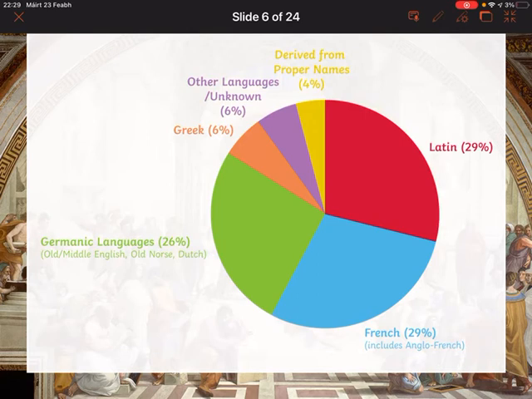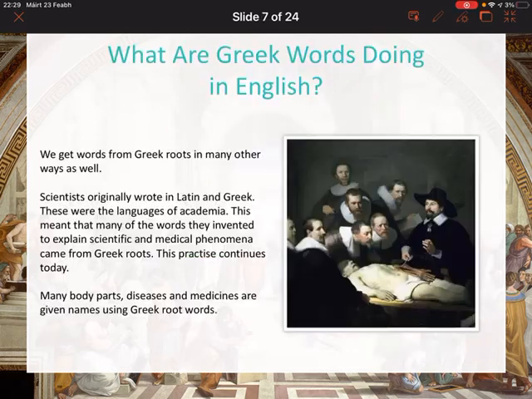Then you have Latin, which represents 29%. Then derived from proper names, so derived from names of people or names of things that came into the language. That's 4%. Greek is 6% of the language, and then other languages or unknown is 6%.